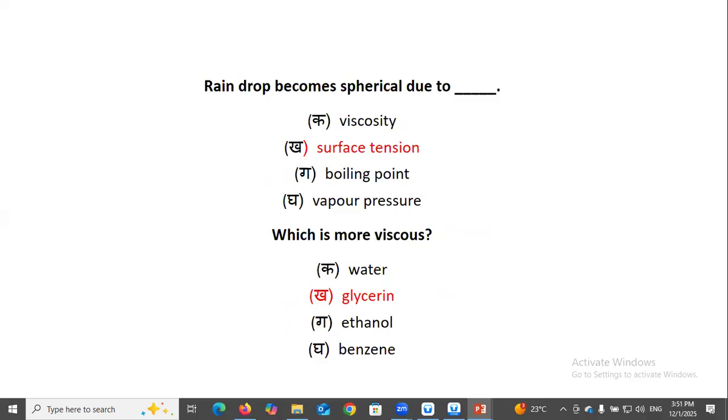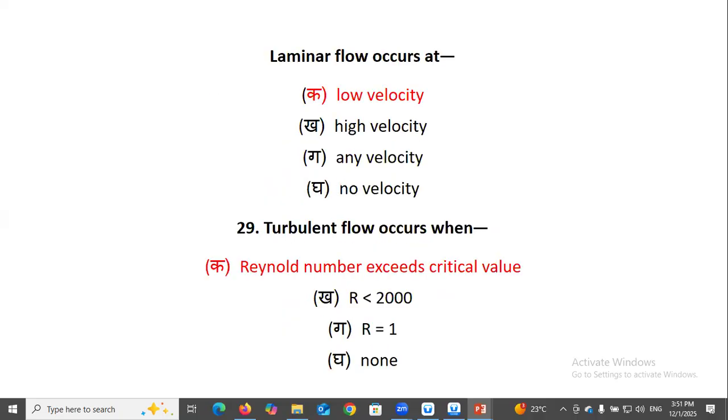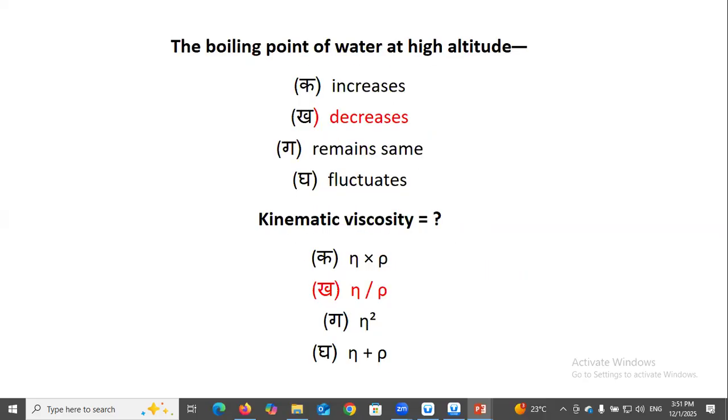Raindrop becomes spherical due to surface tension. Which is more viscous? Glycerin. Laminar flow occurs at low velocity. Turbulent flow occurs when Reynolds number exceeds critical value.